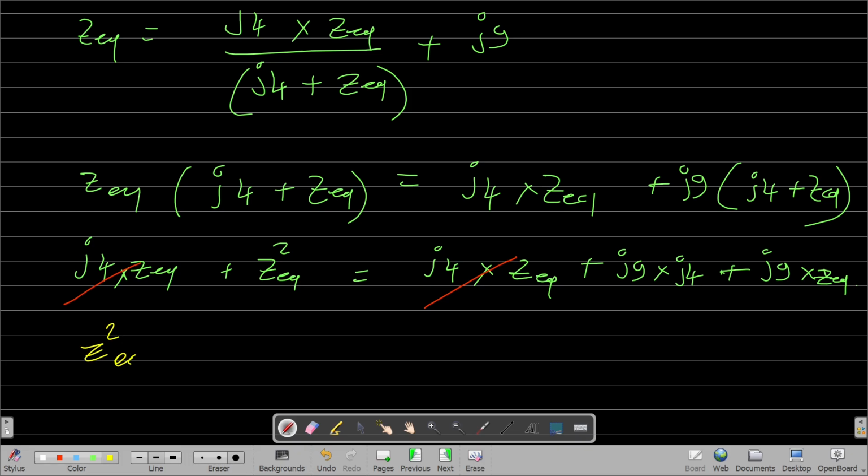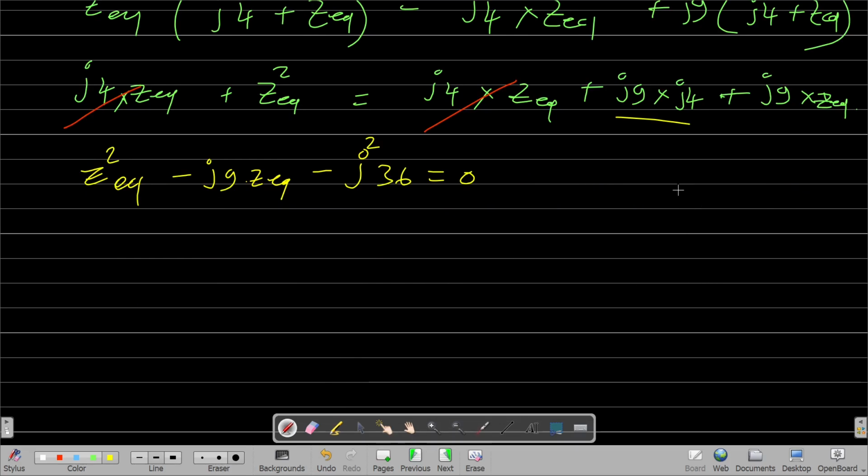Z equivalent square, and these both terms will come to the left side, so minus J9 Z equivalent minus J square 36 equals 0. Here we multiplied 9 into 4 into 36, and we will not simplify J square because it will help us simplify this equation to get the correct answer.